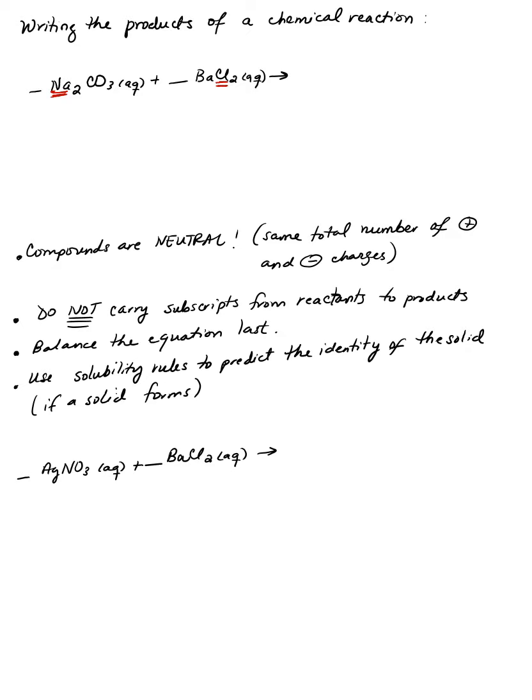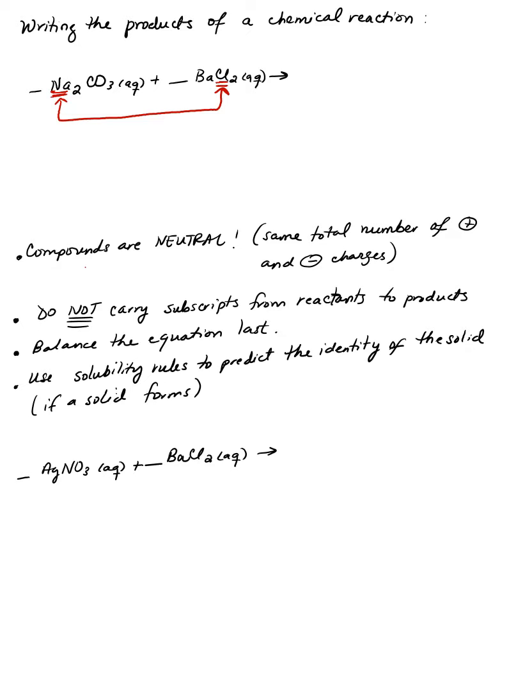If the ions exchange between your first compound and the second one, the Na goes with the Cl. So I'm going to write down just the ions, okay? Just the ion. You don't carry any subscripts from reactants to products. So I'm not writing down Na2.